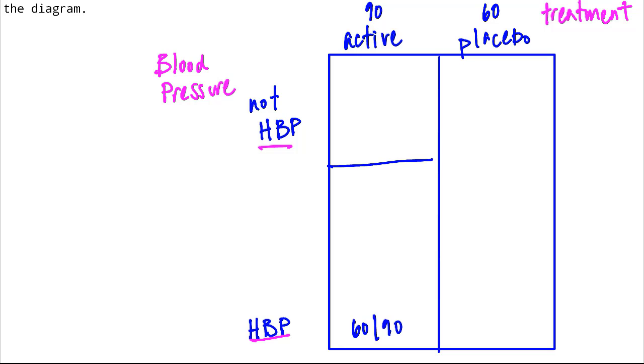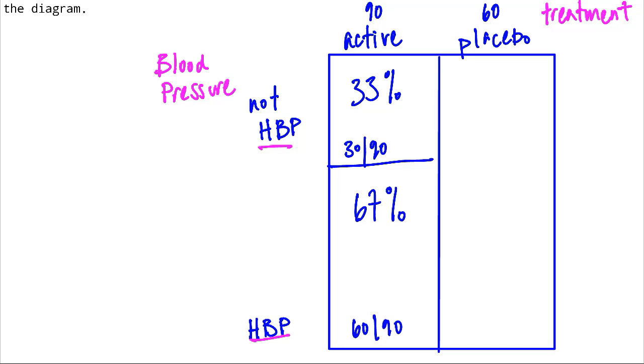So I'll say about there. And 30 of these 90 do not have high blood pressure. So 1/3, so we'll call that 33%. And so that's our active agent side of the population, the people in this population who got the active agent.